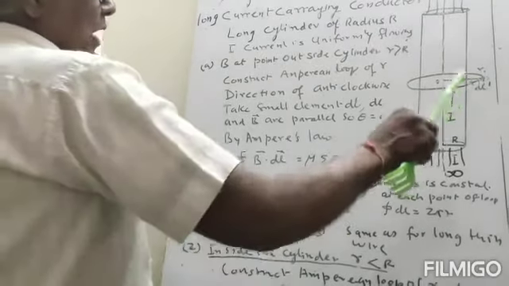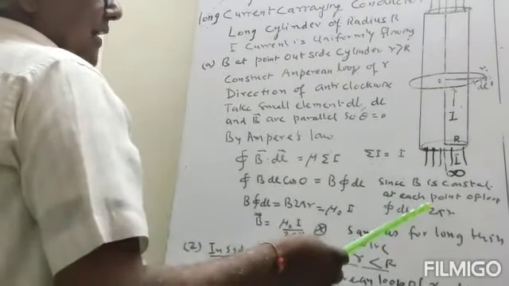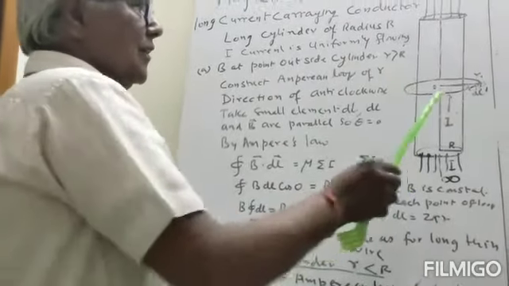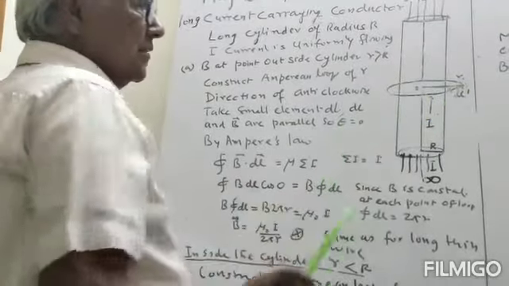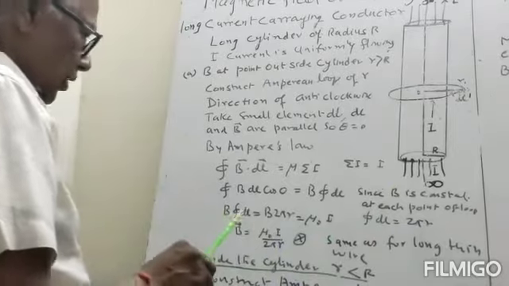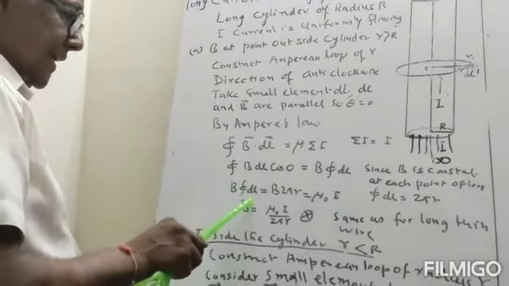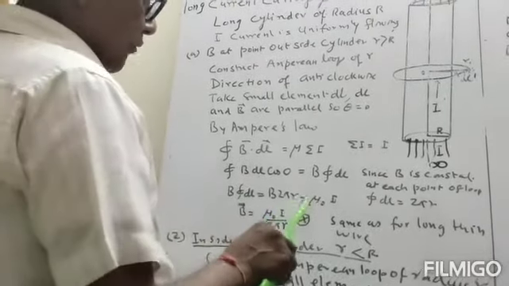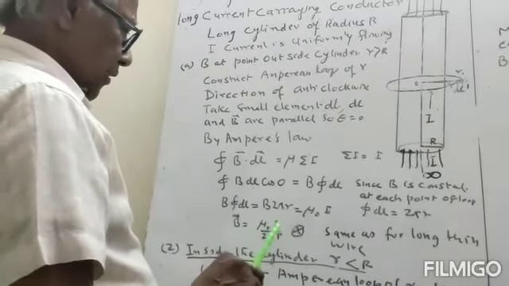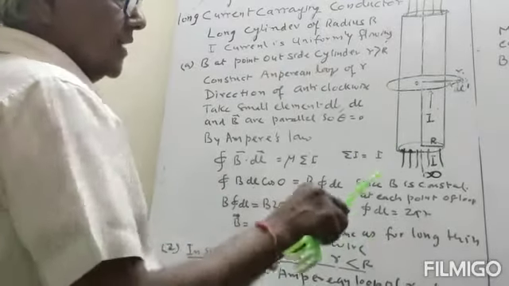Now to find the total line integral, as we have done earlier in the case of the thin conductor, it will be the circumference of the circle or Amperian loop, that is equal to 2 pi r. So the line integral of dl for the closed path will be 2 pi r, and B times 2 pi r will be equal to mu 0 into I. So B will be equal to mu 0 I by 2 pi r, and its direction is perpendicular to the board, inside.